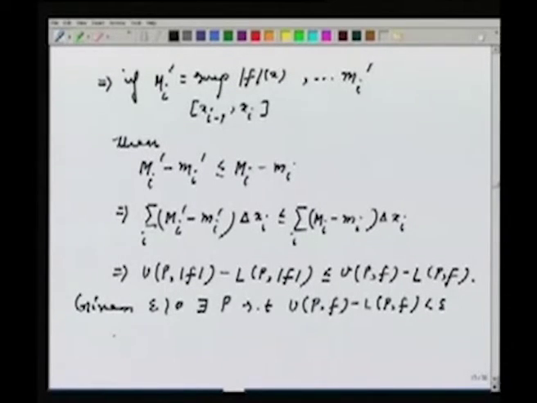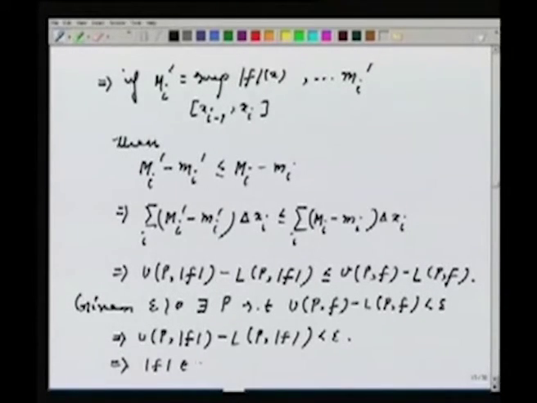This, because of the previous inequality, then implies that U(P, mod f) minus L(P, mod f) is less than epsilon. But that means mod f is Riemann integrable because of our theorem that this implies mod f belongs to R[a, b]. So at least this much we have proved.